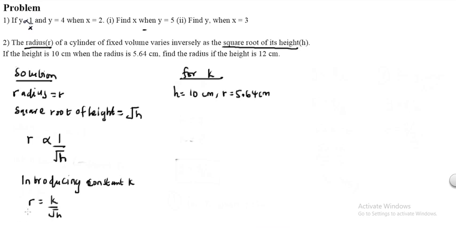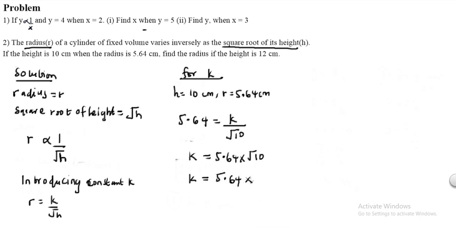So then if I plug them into this equation here, it becomes r, which is 5.64, is equal to k over square root of 10. I cross multiply from here, I have k is equal to 5.64 times square root of 10. Square root of 10 is 3.162278.